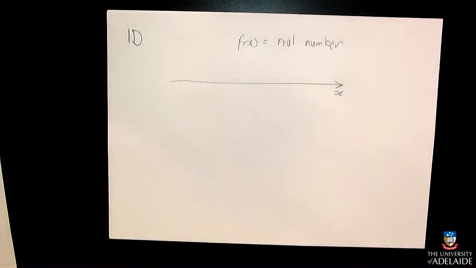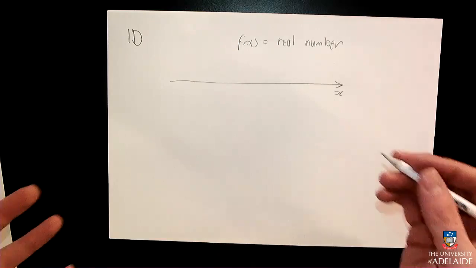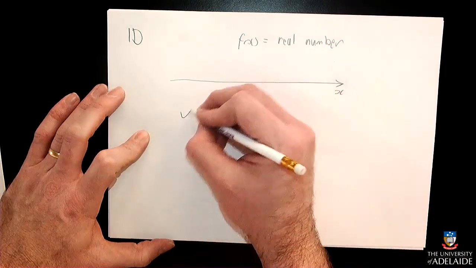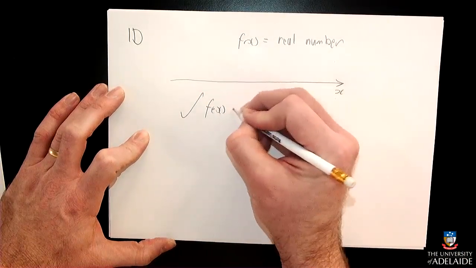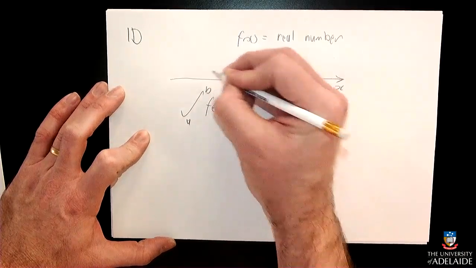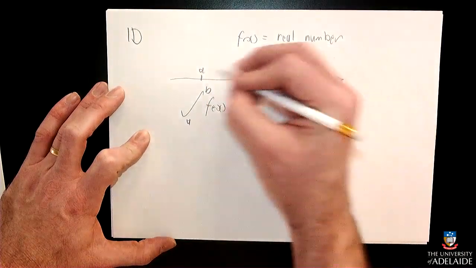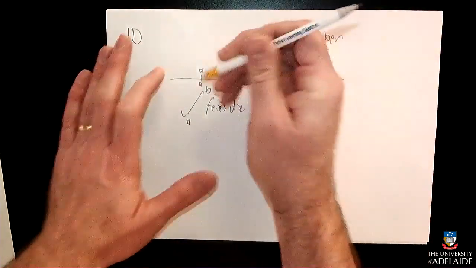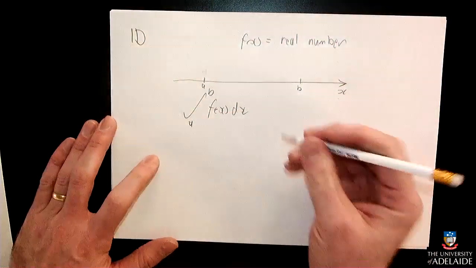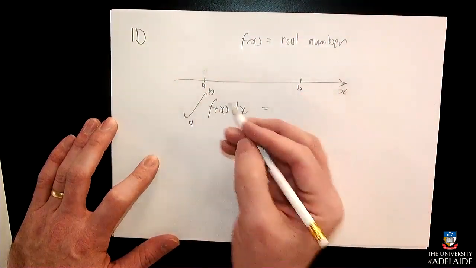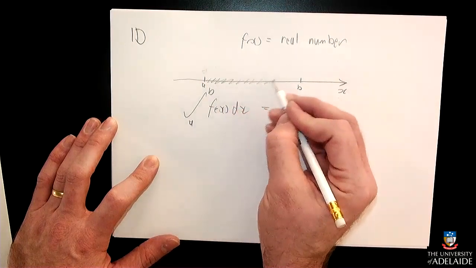Every point has a function value, and we do an integral the way we normally do an integral, where we go, well, the integral of f of x dx from one place to another. There's a and there's b. Is what I get when I accumulate all of these function values in here.